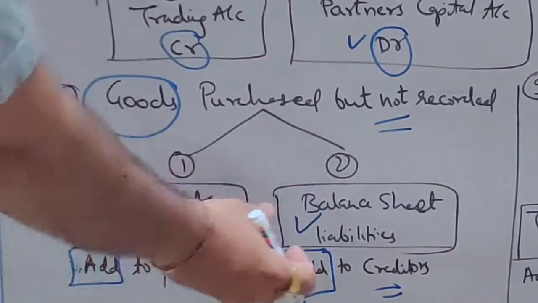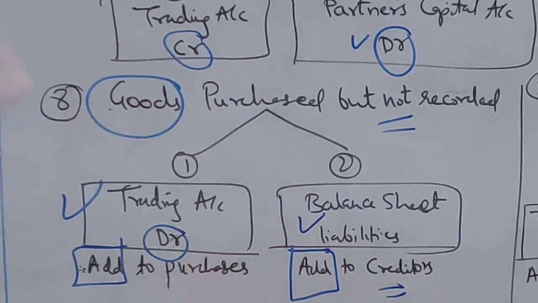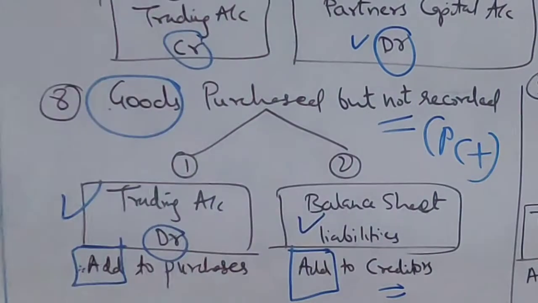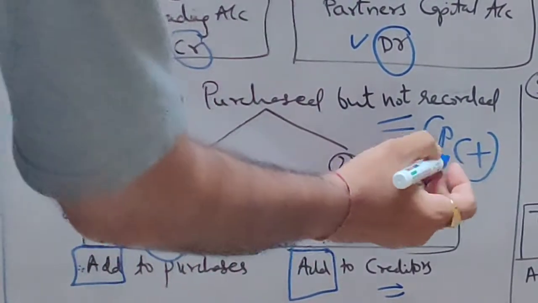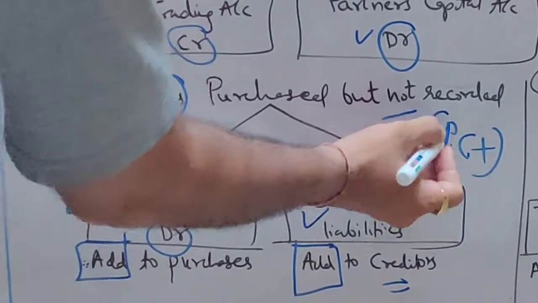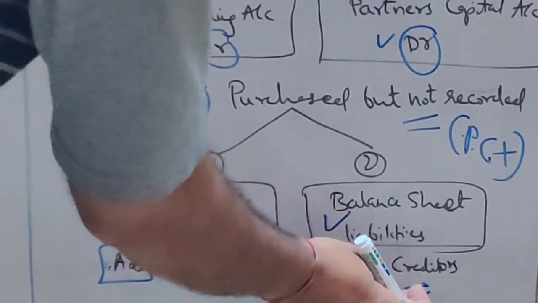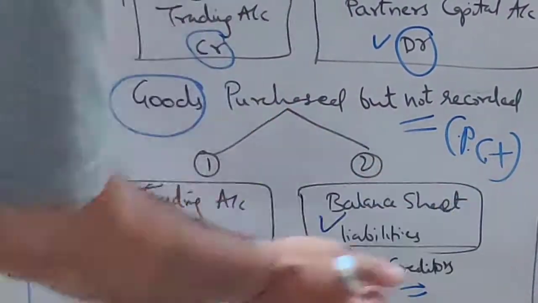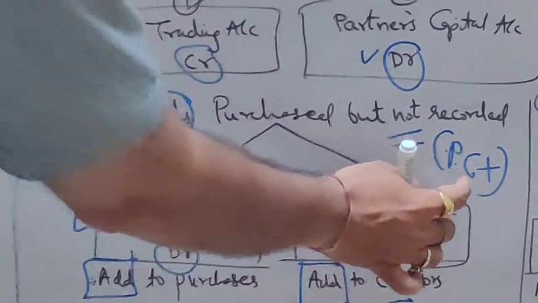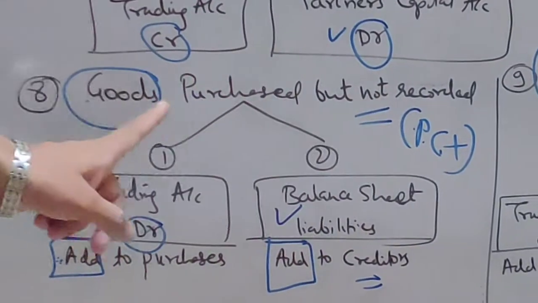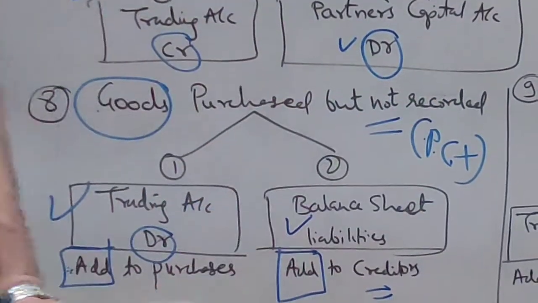Students, I made a code word to remember both the effects. What is the code word? PC plus. Your code word is PC plus. P for purchases, C for creditors. PC plus means add to purchase, add to creditors. So remember this code whenever given goods purchased but not recorded.